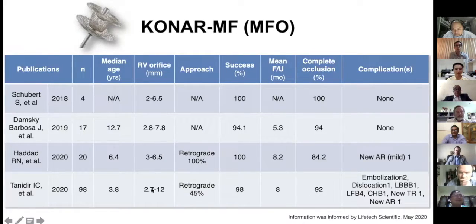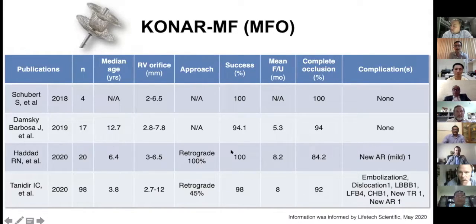The size ranges from about 2 millimeters up to almost 10 or 12 millimeters. Some publications use the retrograde approach 100%, but as Mario mentioned, we can use either retrograde or antegrade approach, and it's about 50-50, retrograde and antegrade.